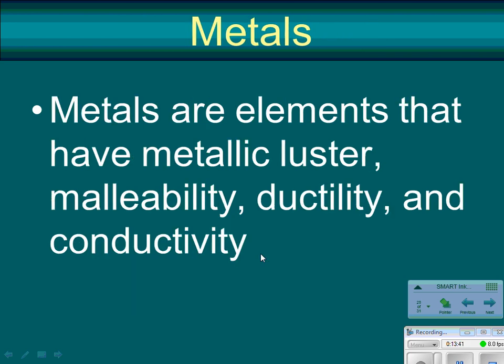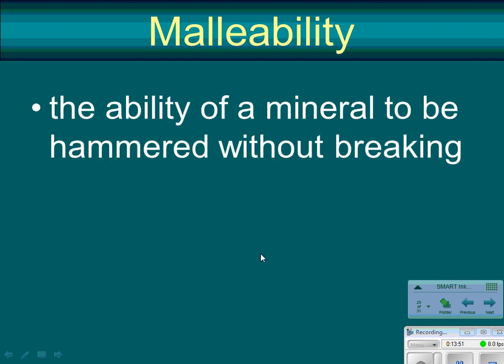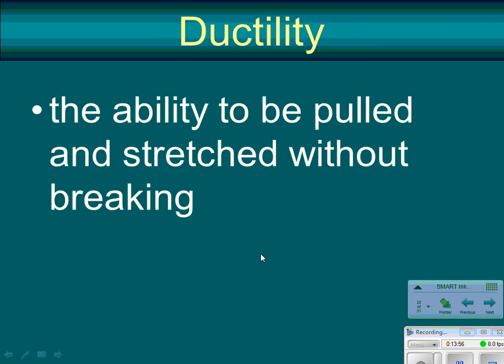Metals are elements that have metallic luster. They're malleable, they're ductile, and they could be conductive. Malleability is the ability of a mineral to be hammered without breaking. Ductility, the ability to be pulled and stretched without breaking.